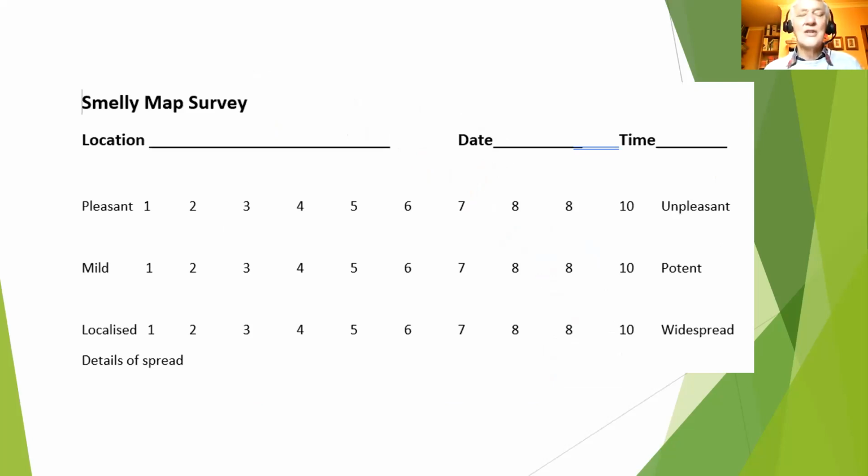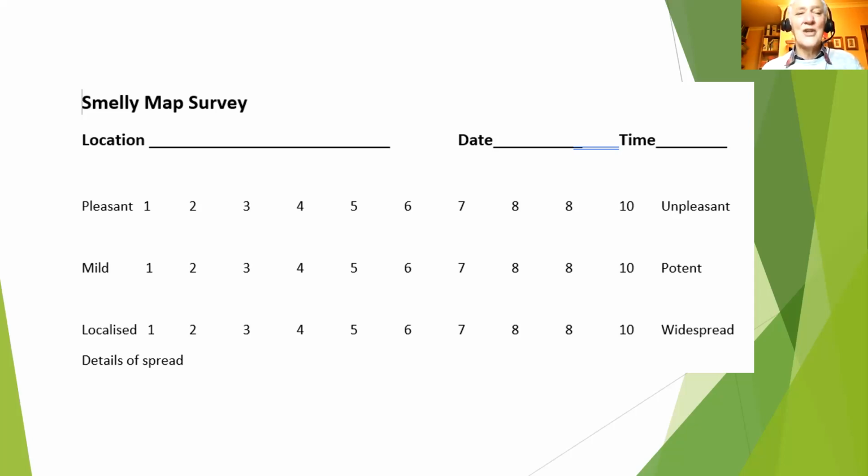So what I started to do was to look at other ways of doing a Smelly Map survey. I suggested that you draw up a table like this. At the top, you put location, date, time of doing your study. And you walk down the street and you stop at various places. You stand for a couple of minutes and you breathe deeply and you smell.